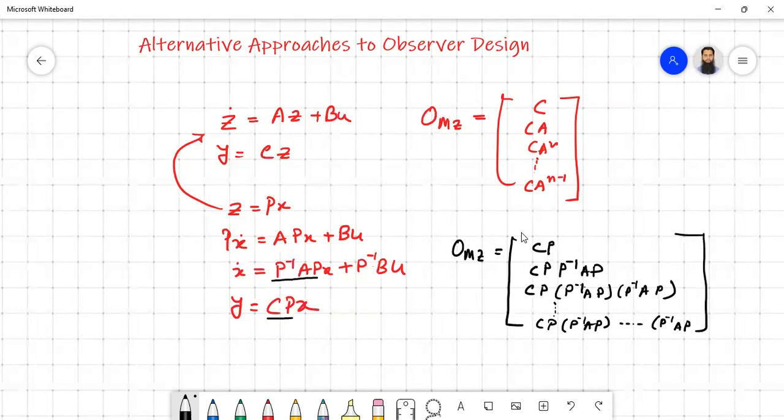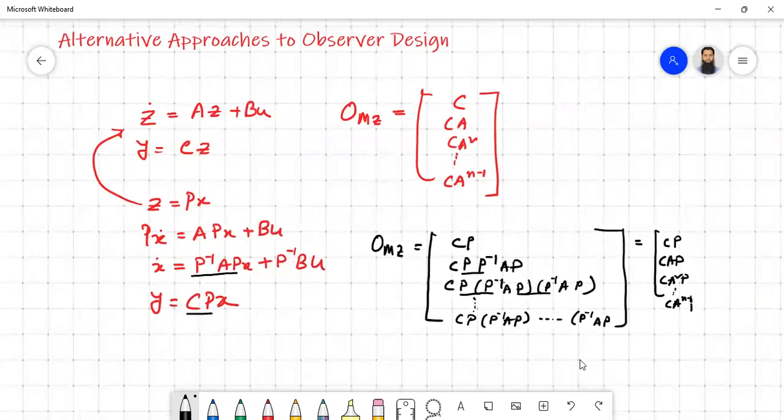If you observe carefully, these two get cancelled out, these two get cancelled out, these cancel out. So basically what remains is CP, then CAP, then CA squared P, and it goes up to CA to the power n minus 1 P. So we can take P common.